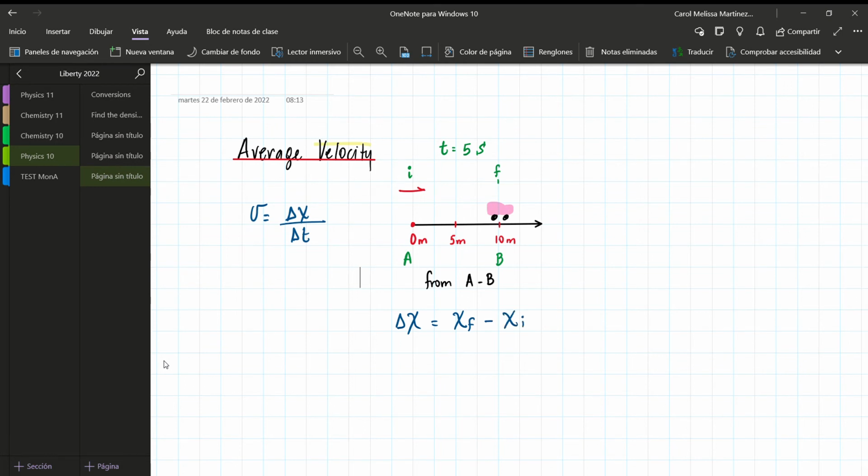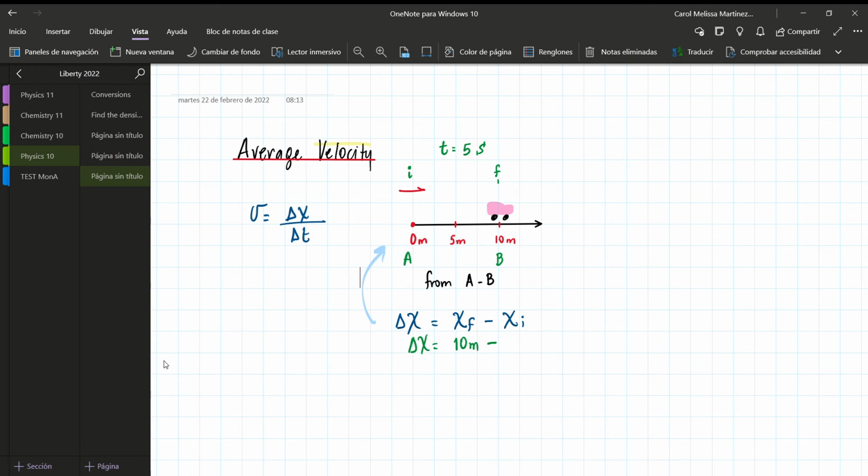So if I need to get the displacement of my car, in this example that I just did, my displacement then is going to be delta x equals the final position. My car ended up in the position 10 meters. This minus is from the formula, okay? But my car comes from the initial position, that is xi, or position A, okay?